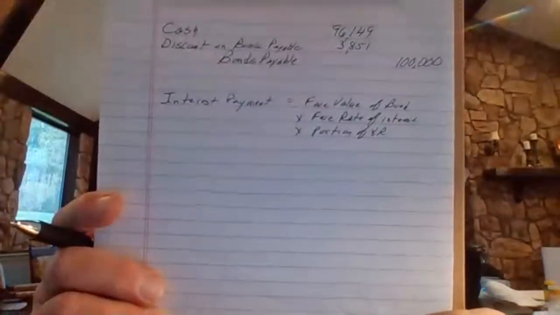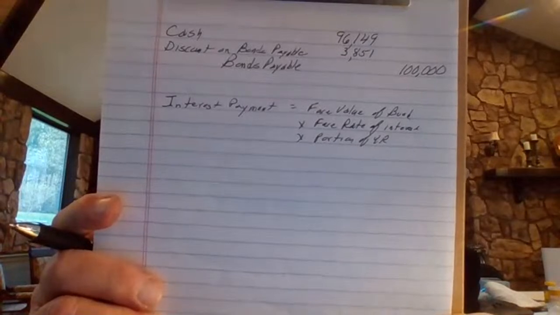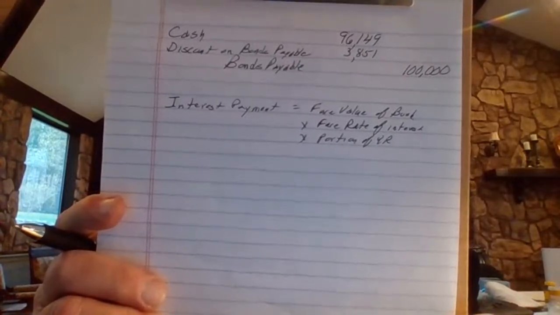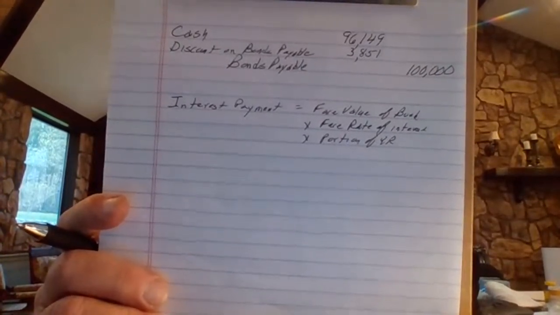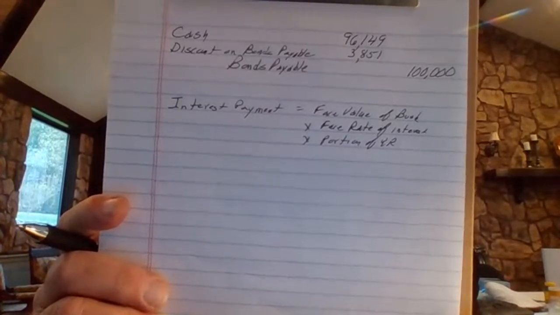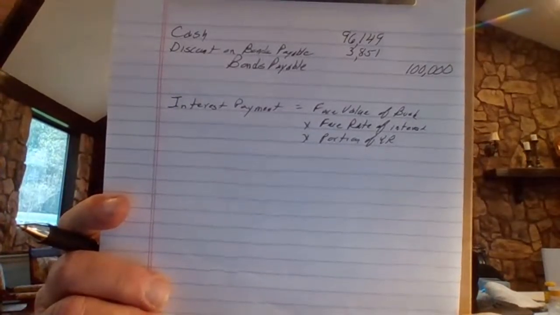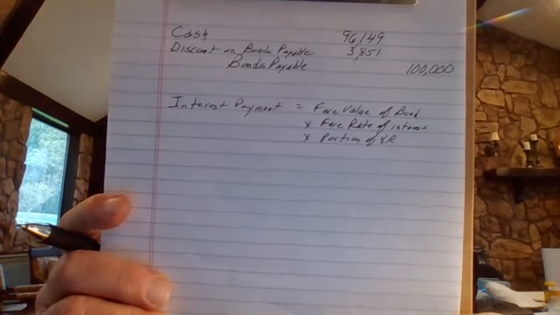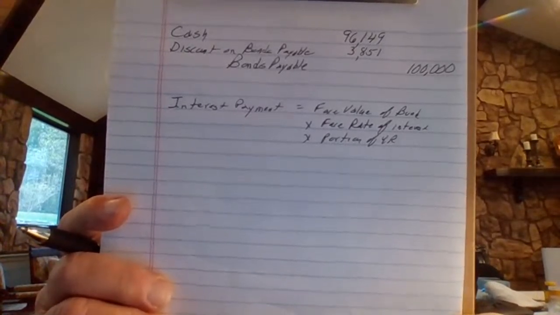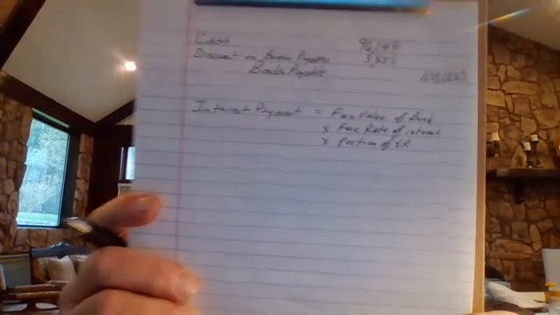So there it is. $100,000 worth of bonds is the face value. 9% is the face rate of interest, and they pay interest twice a year. So 100,000 times 0.09, 9% interest per year, times 6/12 or half a year, it's $4,500.